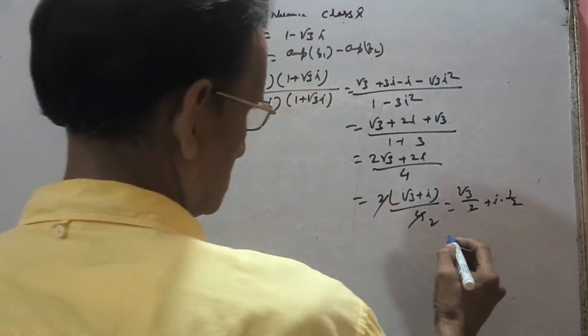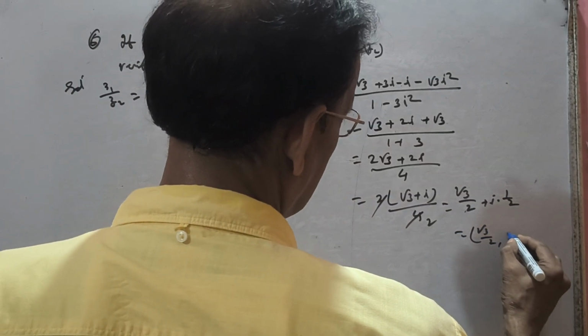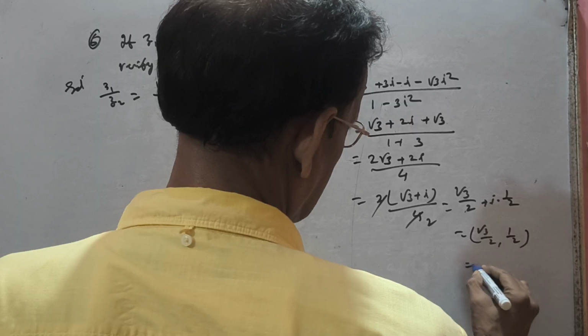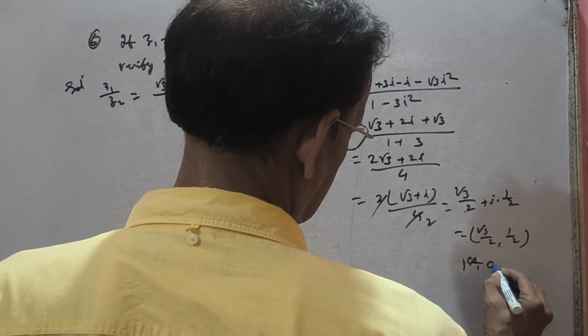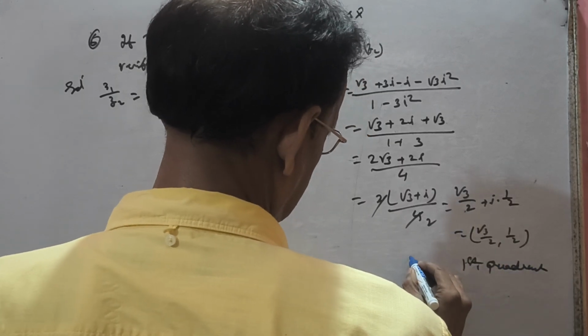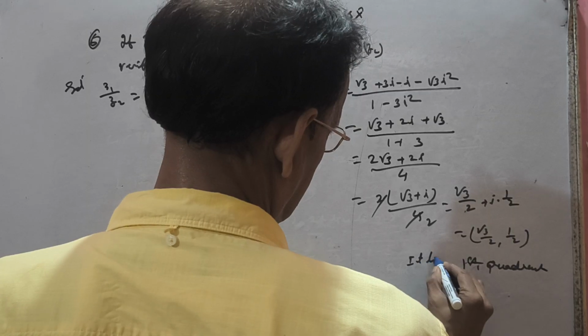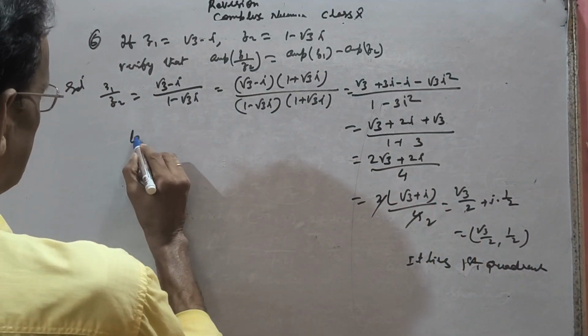Okay. The corresponding ordered pair will be what? Root 3 by 2 comma 1 by 2, which is obviously in the first quadrant. It lies in the first quadrant. Okay, now therefore, what is tan alpha equal to?